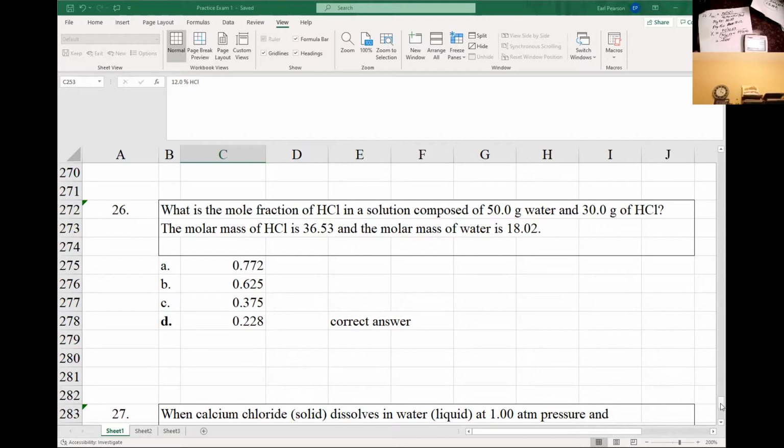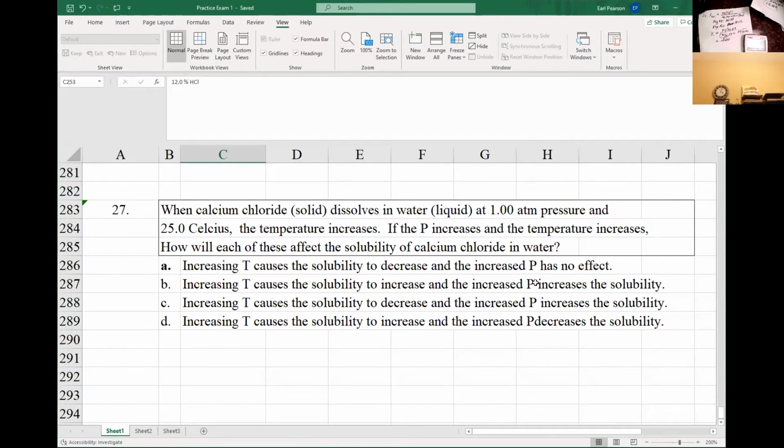Number 27, and it says when calcium chloride, CaCl2, I dissolve it in water, I make a solution.